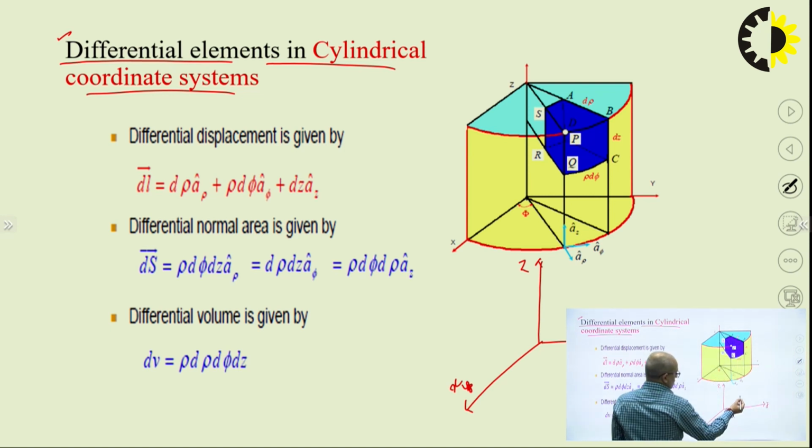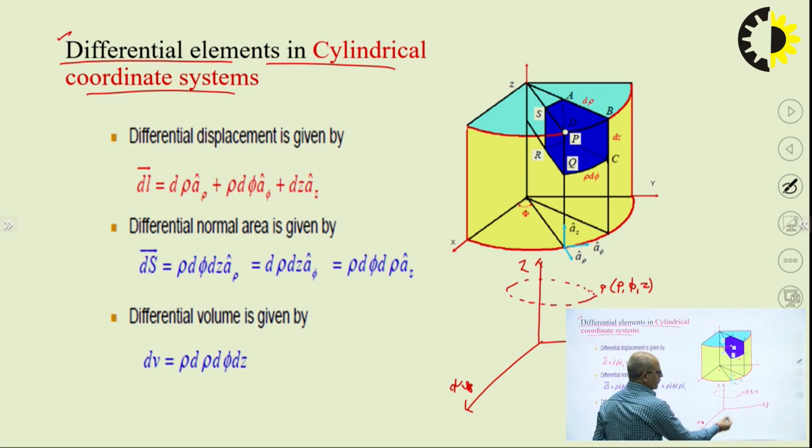If I say this point P, which is having rho, phi and z, you will see that this point P will pass through what?